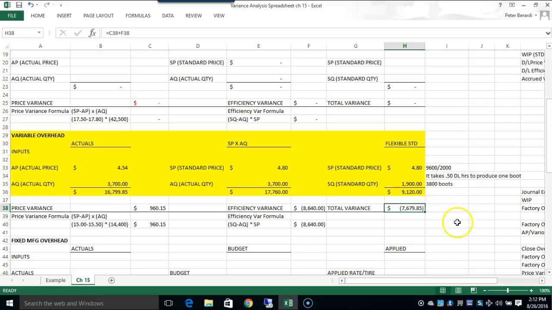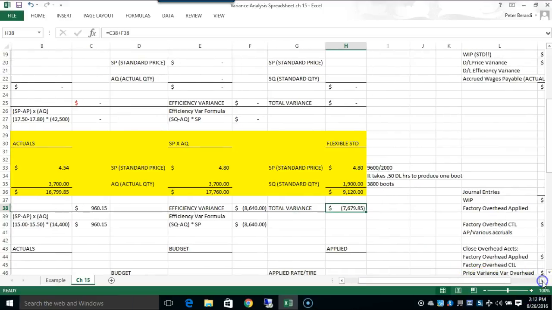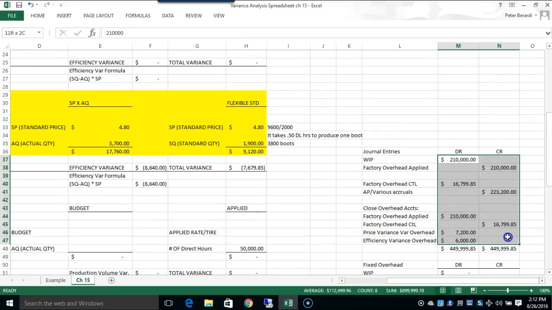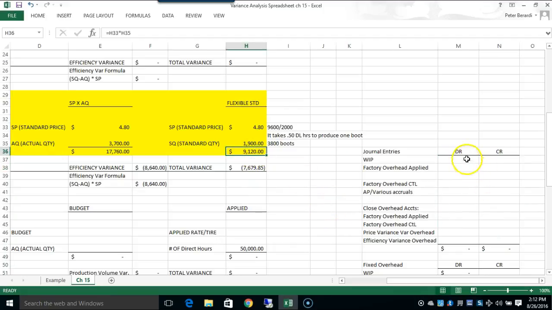The problem doesn't require a journal entry, but let's do one real quick. The debit to WIP will always be the flexible standard because that's what gets applied. The credit is to applied overhead.